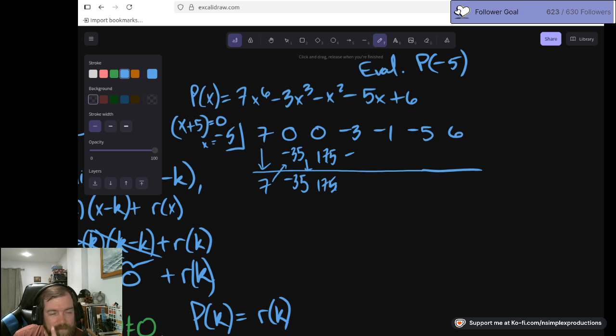Let's see. 5 times 200 is 1,000. And then we're going to make the number smaller by 25 times 5, which is 125. So 2,000 minus 125, it's going to be 1875. And it's negative.